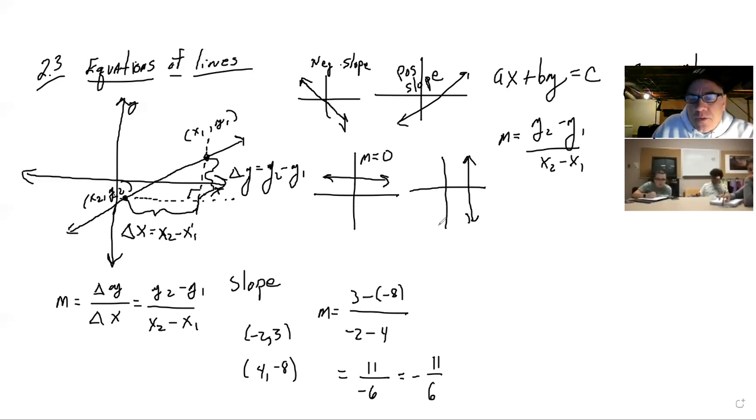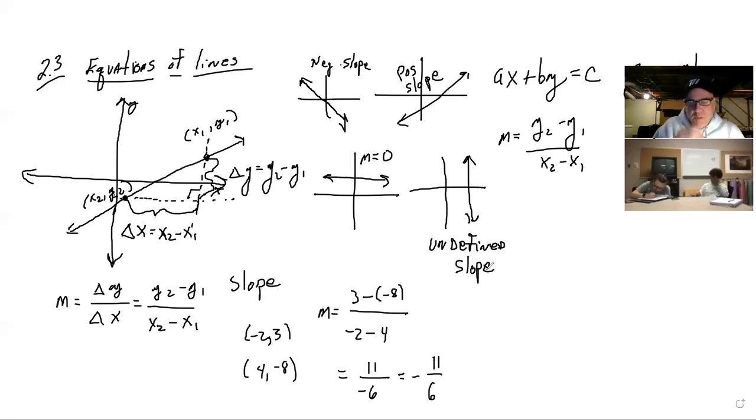If you have a vertical line, it does not have a slope. It's undefined.